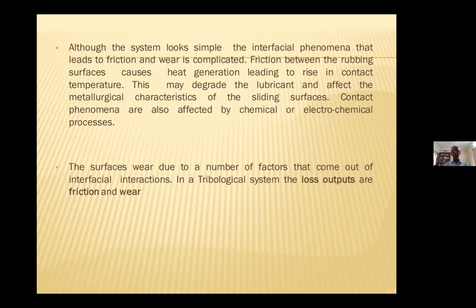When we rub two surfaces, there is frictional heat generated, or the ambient temperature can also make a big difference.